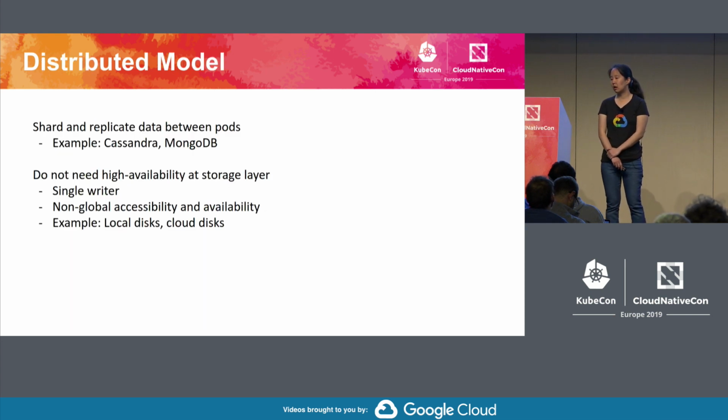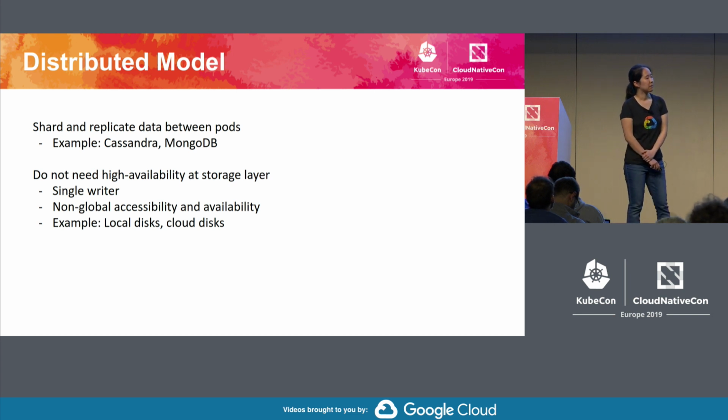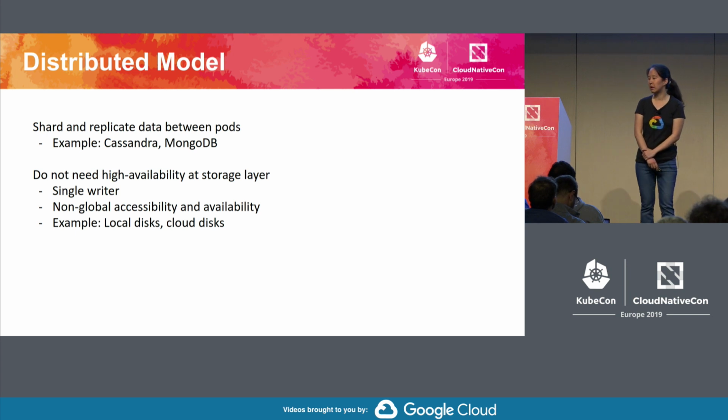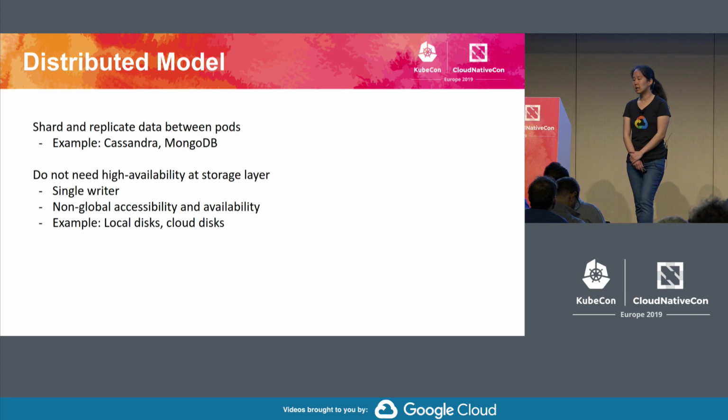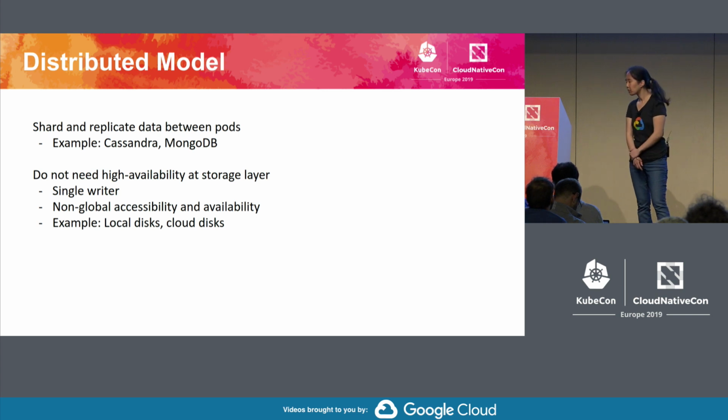Instead, single writer volumes are better suited for distributed applications. These are applications that shard and replicate their data between the application pods. Some examples of these include distributed databases like Cassandra and Mongo, just to name a few.